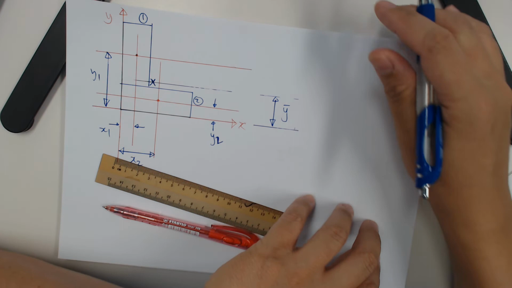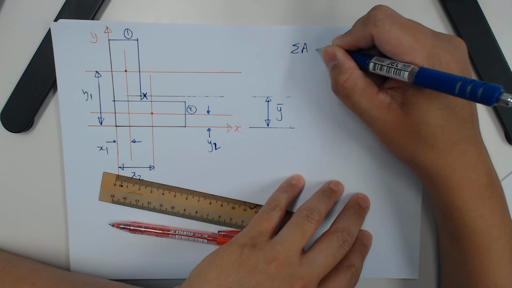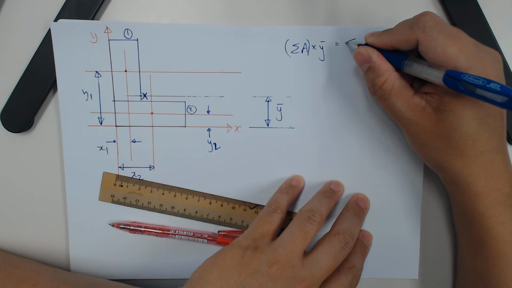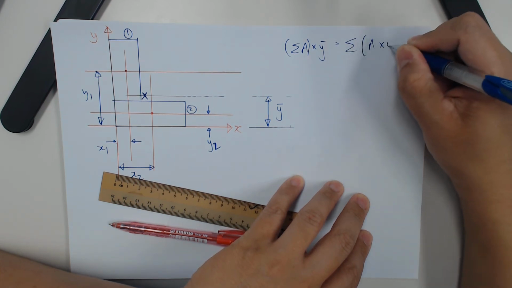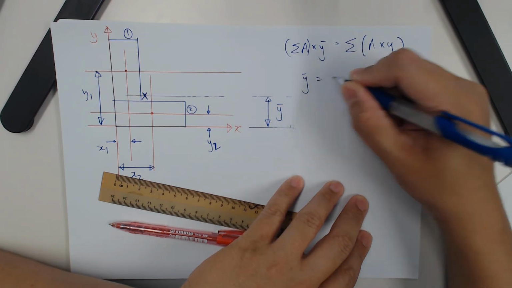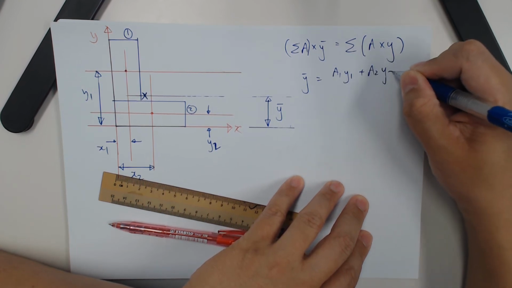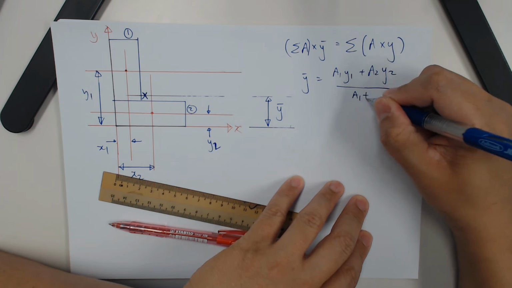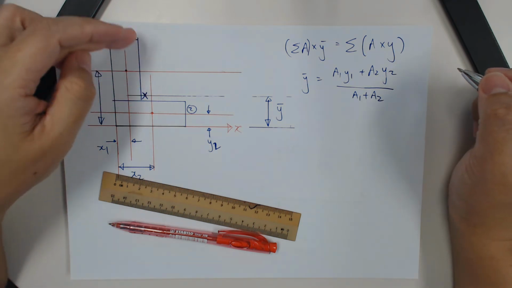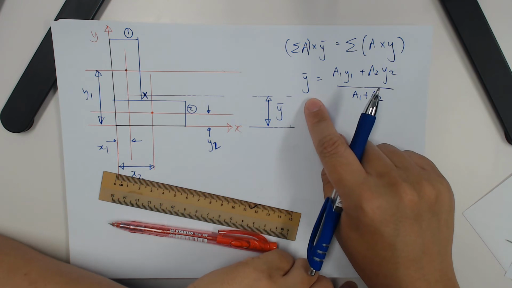Proceed to find it using the formula: sum of area times y bar equals sum of individual areas times their individual y. So in the formula, it will be a1 y1 plus a2 y2 over a1 plus a2. With the dimensions given, you will be able to find these values, then you will obtain the y bar.